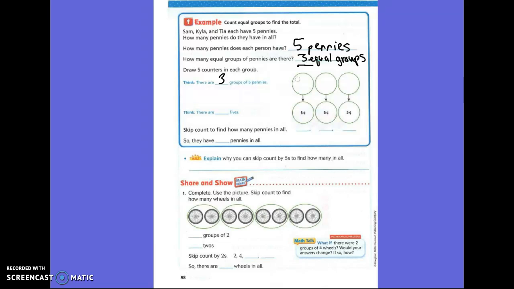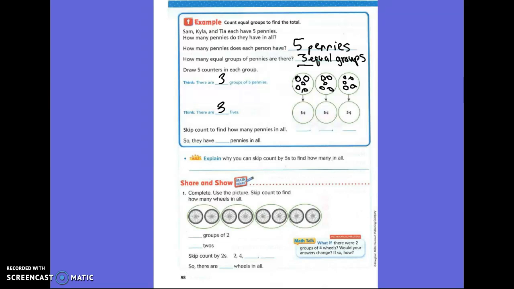Then think there are blank 5s. There are 3 5s. Okay. So, count your pennies, or draw your pennies in here. And then skip count to find them.